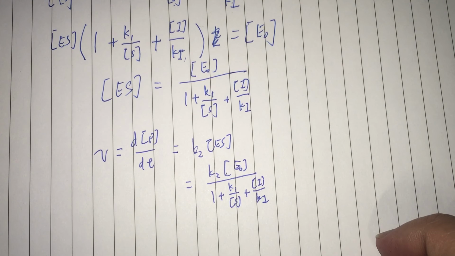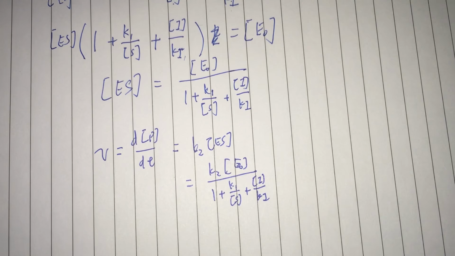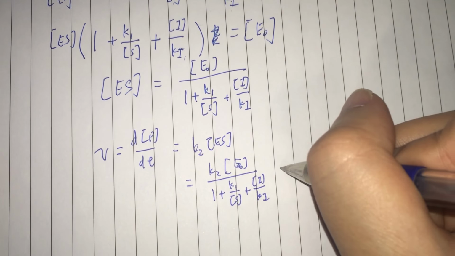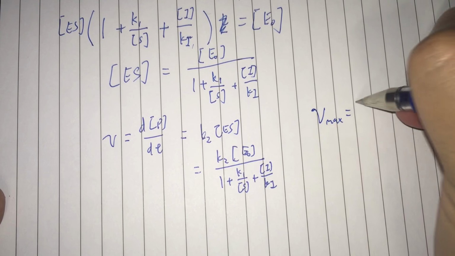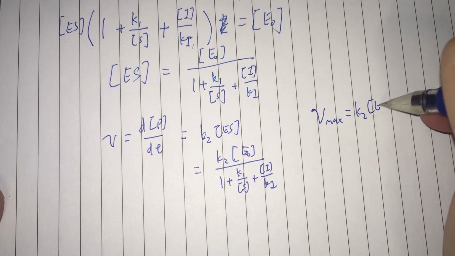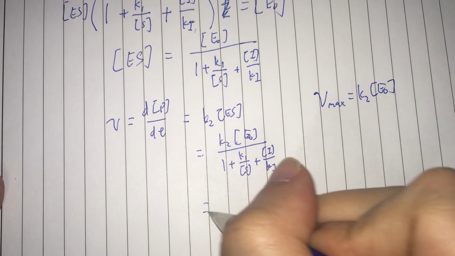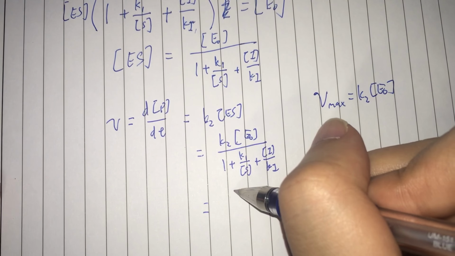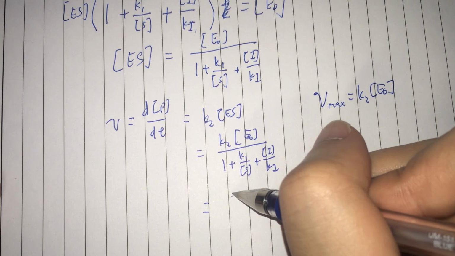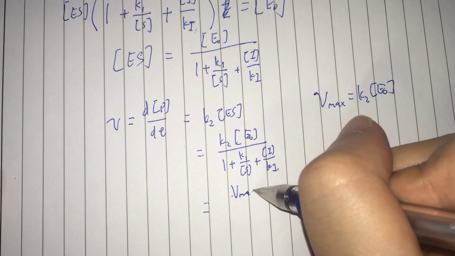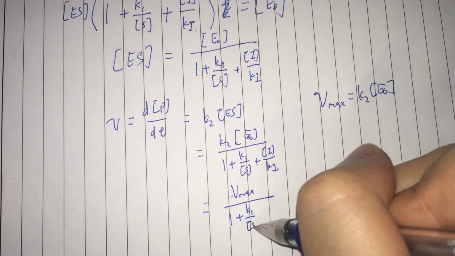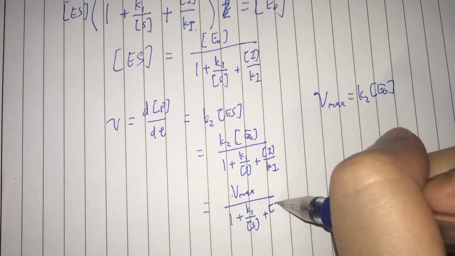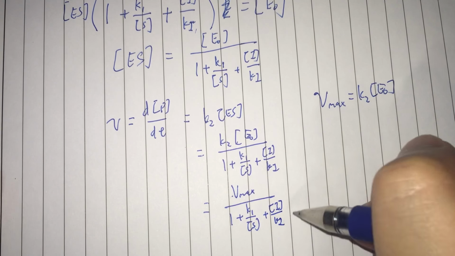So, to make it into a more familiar form, let's define the Vmax again, equals K2 E naught, and that will equal Vmax over 1 plus K1 over S plus I over Ki.